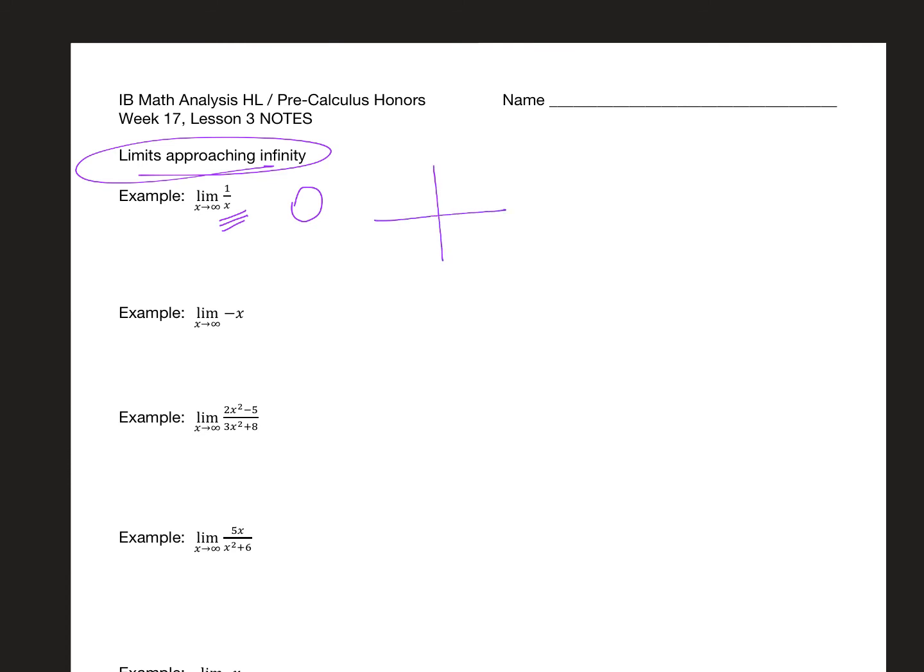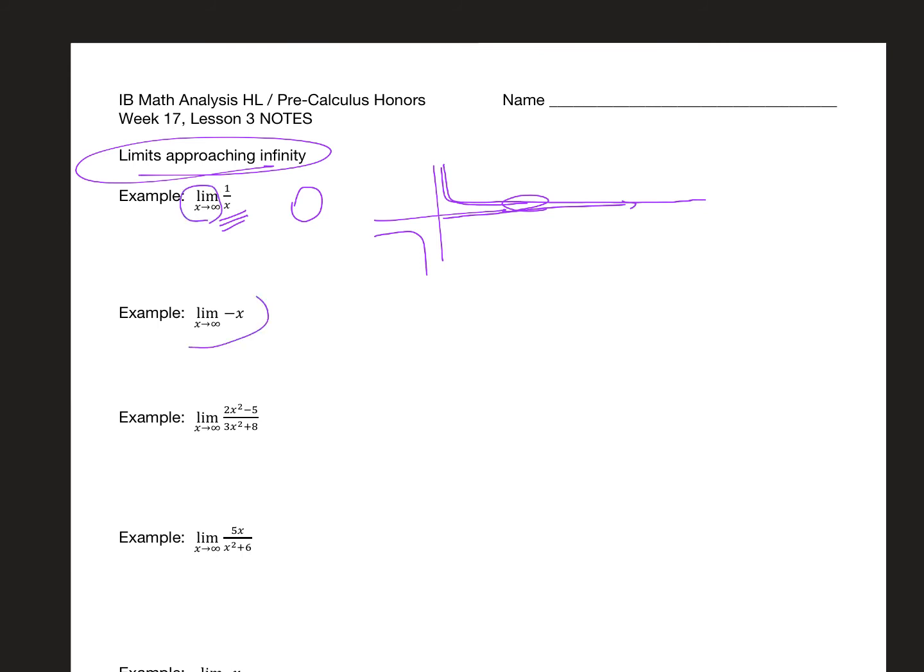If you know what this picture looks like, as we go further this way, this line is getting closer and closer to 0. It's never going to actually equal 0 or cross the x-axis, but that's what a limit means: what is it approaching.